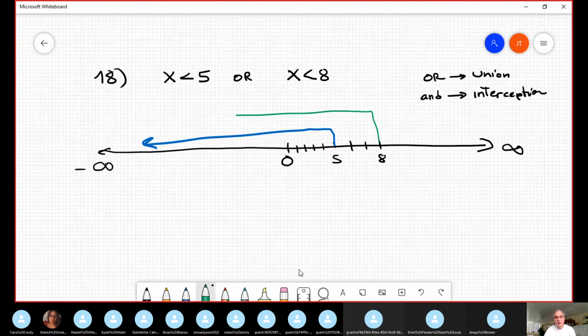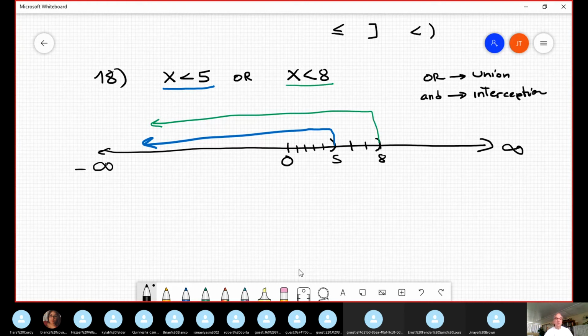And the other is also to the left. Using a different color to see more clearly: green, this was blue. Do not include 5 or 8, parentheses, because we don't see an equal sign. Remember, when it's like that, bracket. When it's like that, parenthesis.